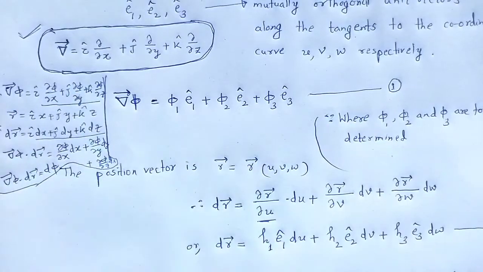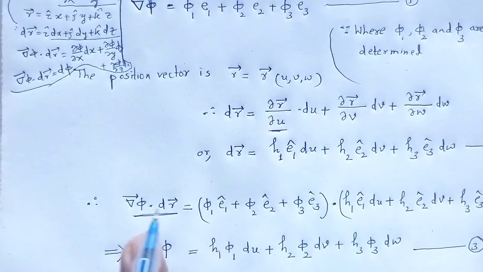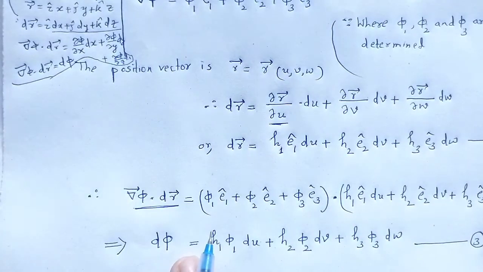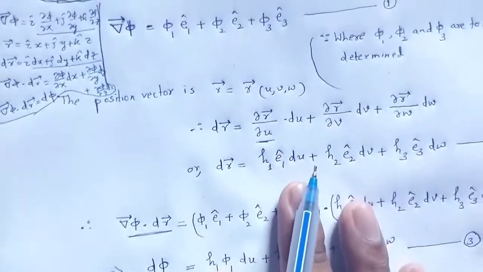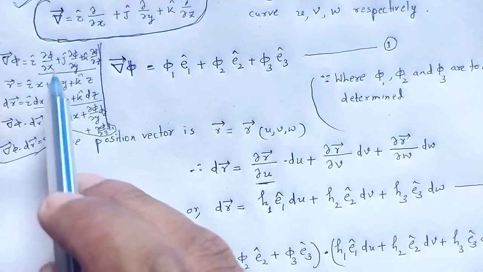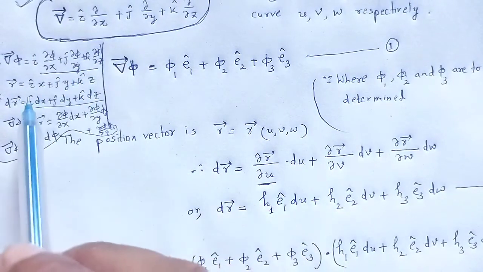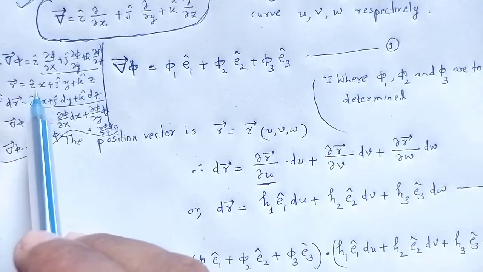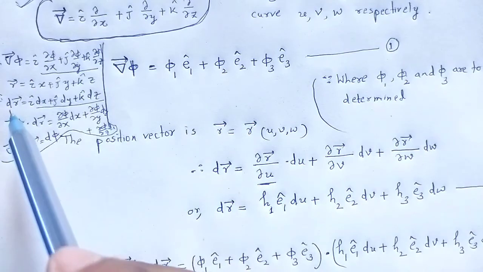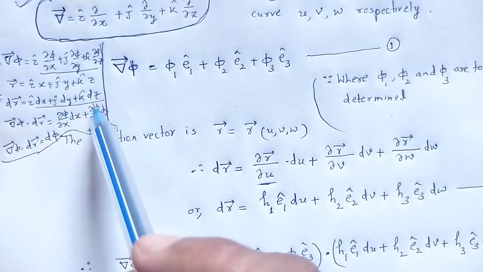So for that reason we write grad phi dot dr is equal to d phi. How do we find it? You have to see this. Grad phi is i cap del phi by del x, j cap del phi by del y plus k cap del phi by del z, and the position vector r vector, we know, is i cap x plus j cap y plus k cap z in the Cartesian plane. Therefore, dr vector is i cap dx, j cap dy plus k cap dz.